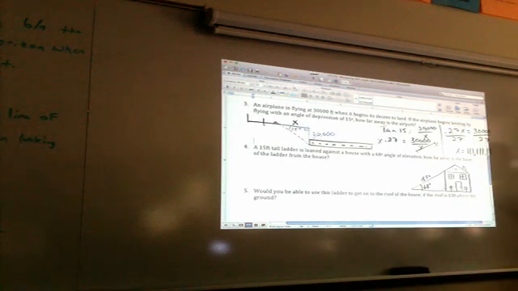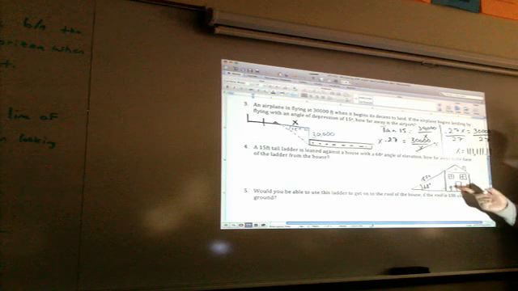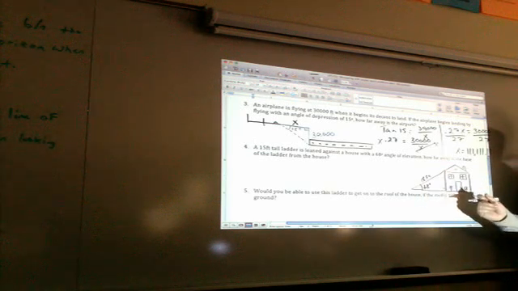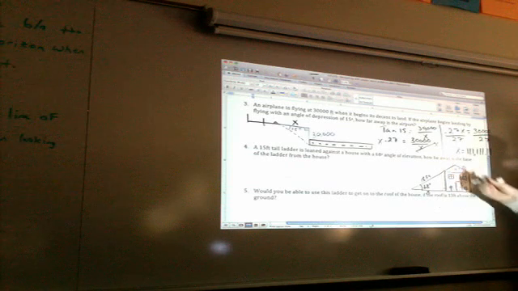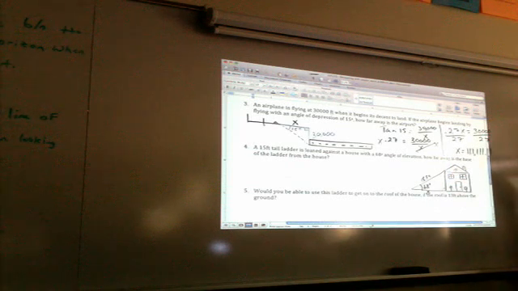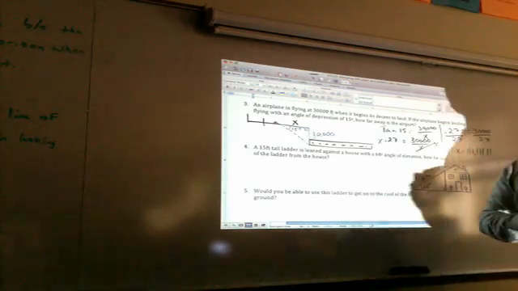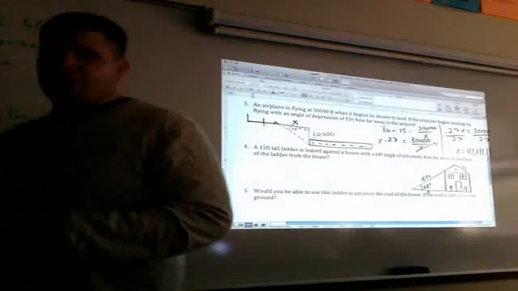So am I trying to find the vertical line or the horizontal line? Horizontal. If they wanted the vertical, they'd ask how far up the house the ladder can reach. So I want to find x. Does that make sense? All right, so try to find that on your own.